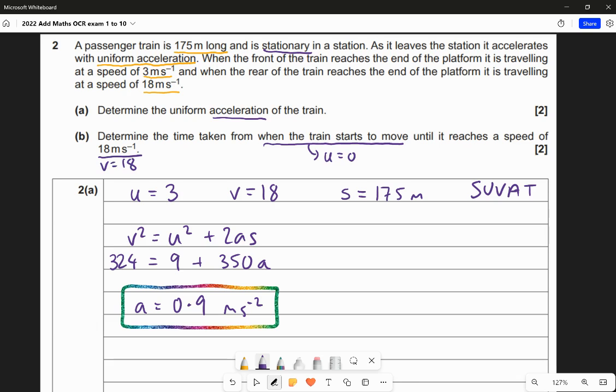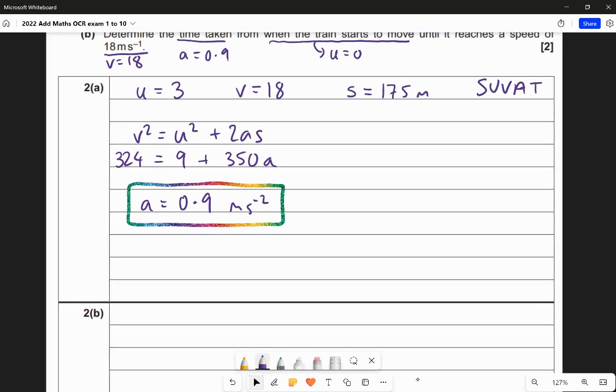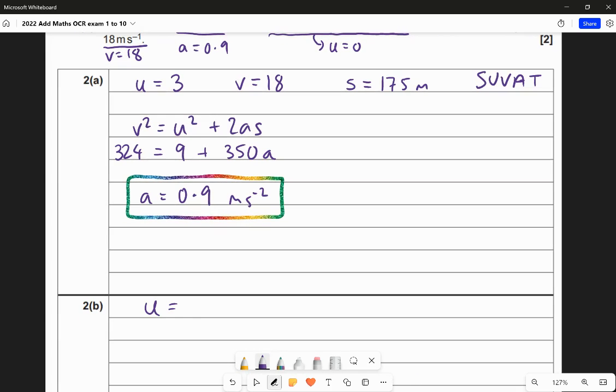And we also know, because there's uniform acceleration, and we've just found that out, that A is 0.9. So we've got 3 things, and we want to find the 4th, the time taken. So we just need a SUVAT equation which involves U is 0, V is 18, A is 0.9, and we want to find what T is.